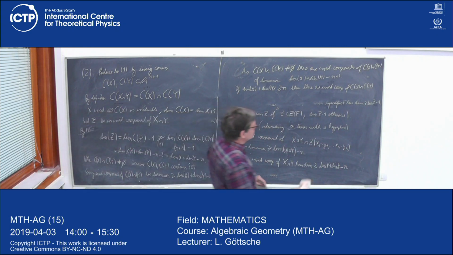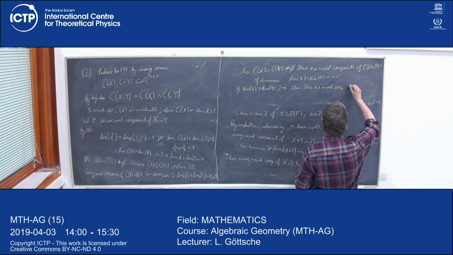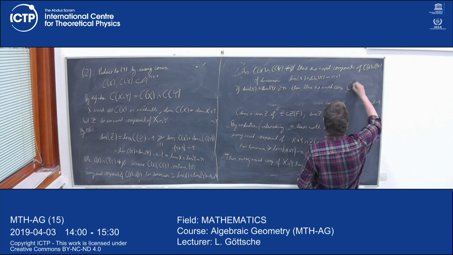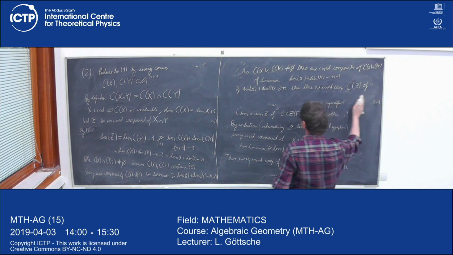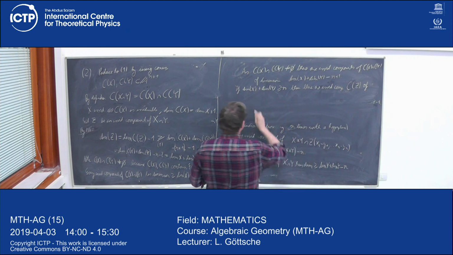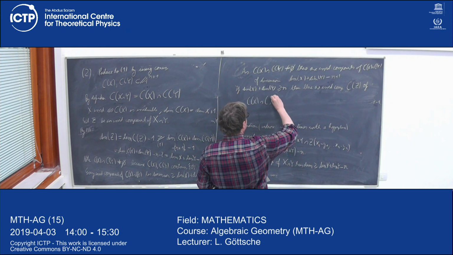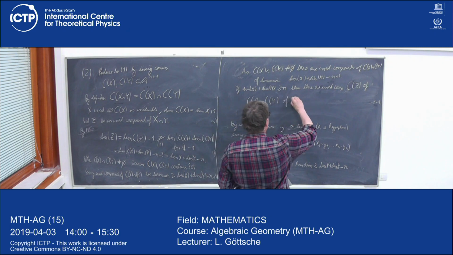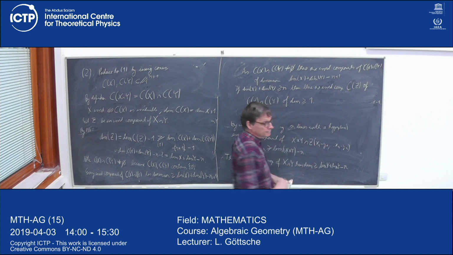So maybe I call them Cz, because an irreducible component is also a cone, Cz, of Cx intersected Cy of dimension bigger or equal to 1.